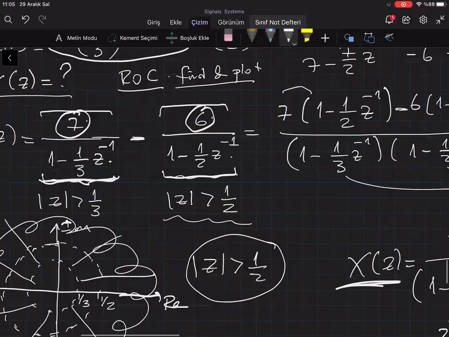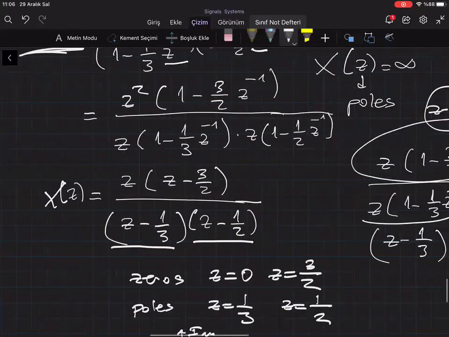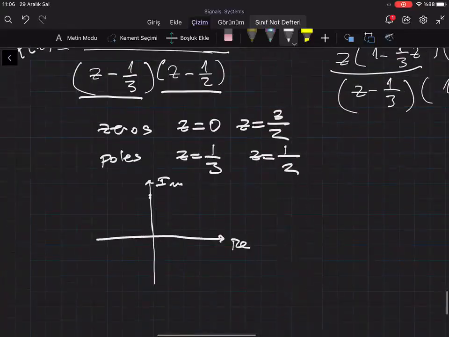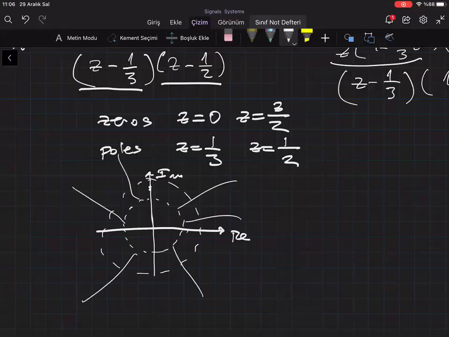And our z's are greater than 1 over 3 and greater than 1 over 2. Now I'm going to have 1 over 3, 1 over 2. Both are to the right side. And my zeros are here.